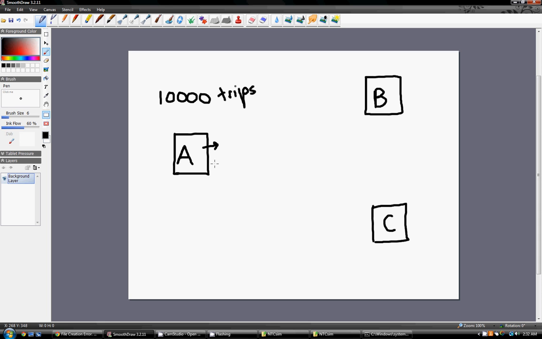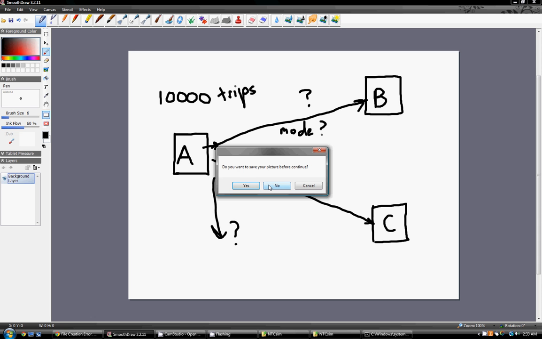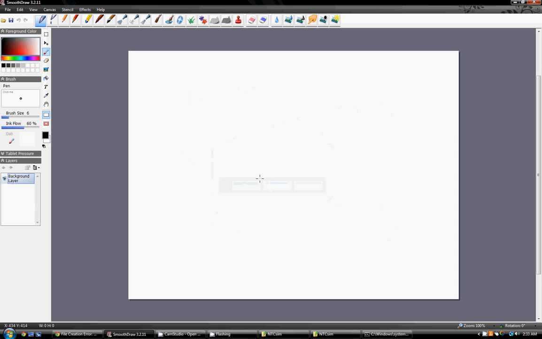We want to work out how many trips there are to B and C and everywhere else, and we want to know what the mode is for each of them as well. Is it by car? We will calculate mode, but for the moment let's forget about mode and just see how we'd work out the number of trips.